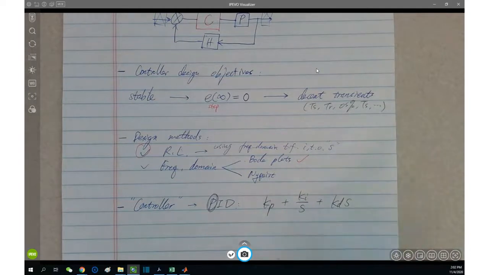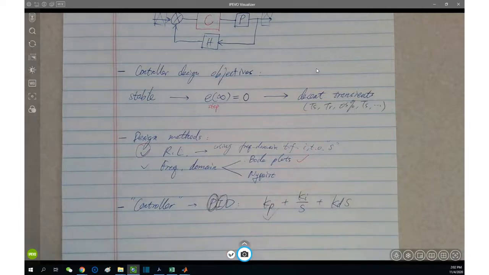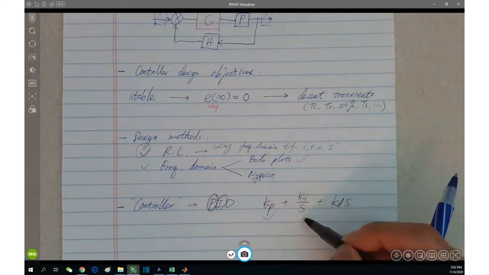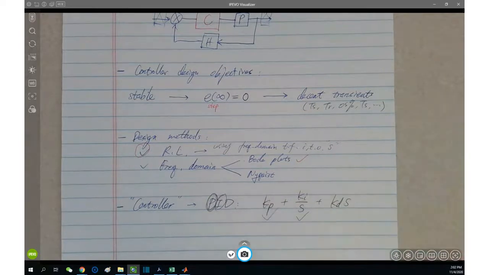Proportional, of course, is the individual gain here. I is what? Integral. It's the integral. Here we go. The integral is this term. D is what? Is this term. What is it? Derivative.